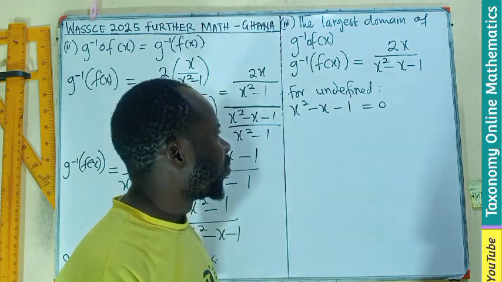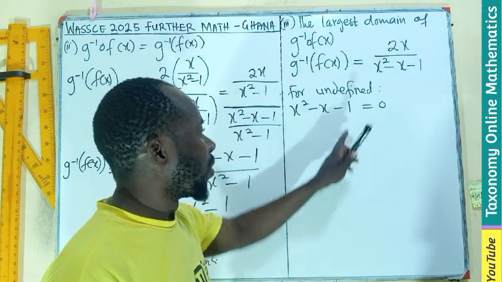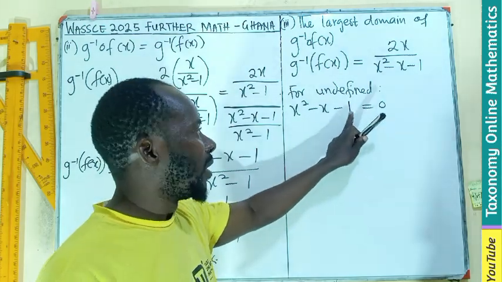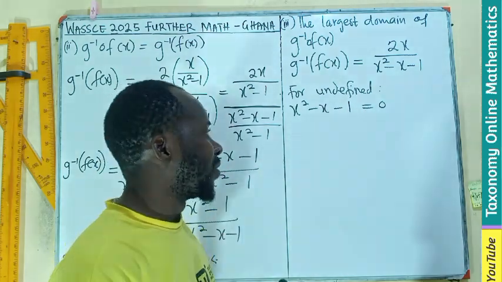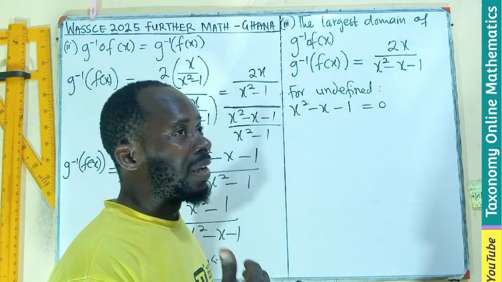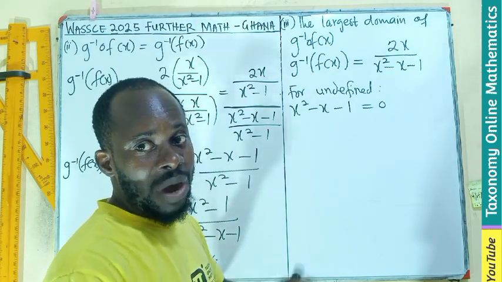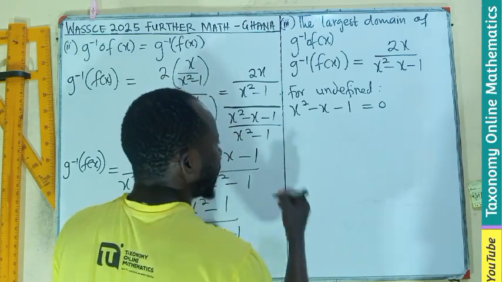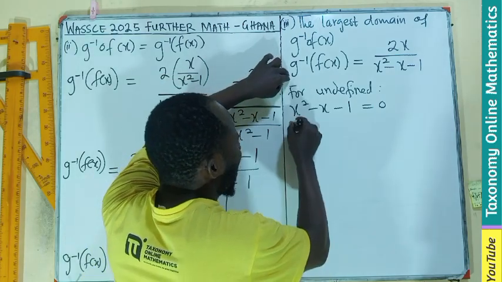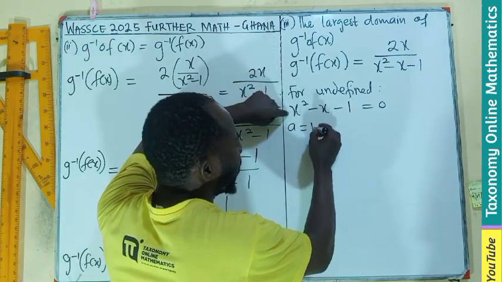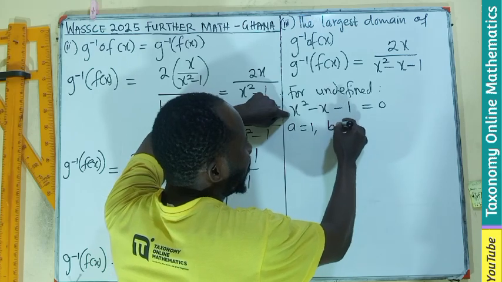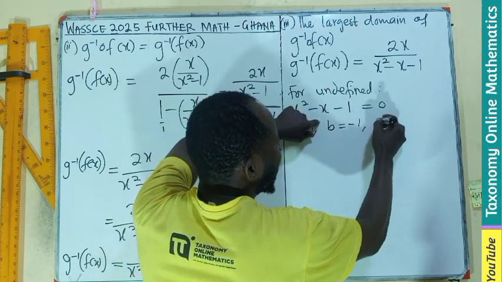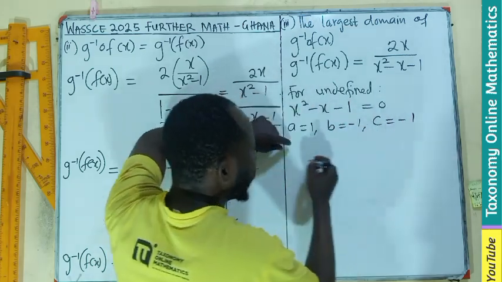I'm tempted to just put this in a calculator because it can't be factorized, because this is -1 and -1. So we can use the quadratic formula to arrive at the answer. Let's see, we have our a, the first value here, b as -1, c as -1.